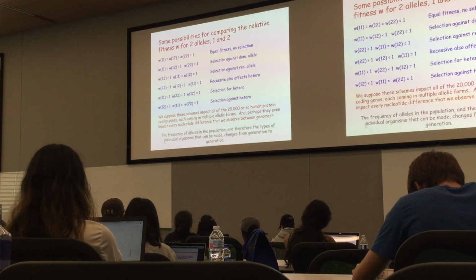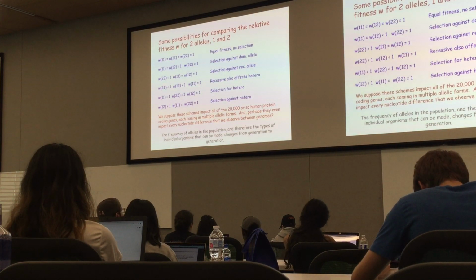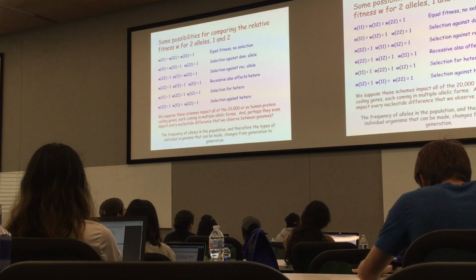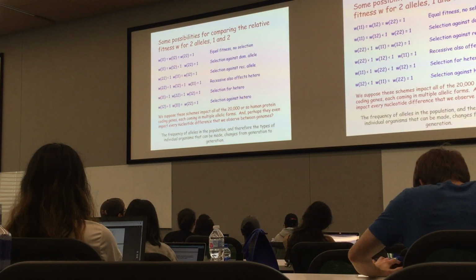And overall, the overriding point is that the frequency of alleles in the population and the types of individuals that can be made are going to change through time. I made this point before, but in some population at time 0, you have certain allele frequencies for all the possible genes that make up that organism.